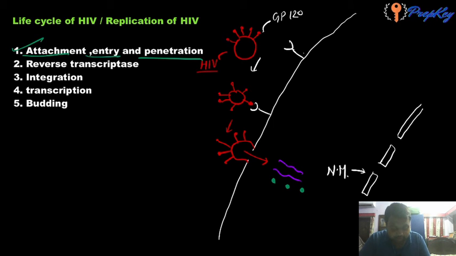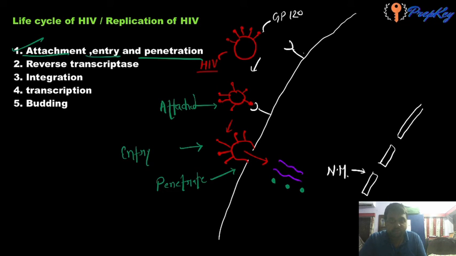They first attach, then they enter and penetrate. Is it clear? Now this reverse transcriptase, or RT, helps them convert their RNA into DNA molecules, this type of DNA molecules.